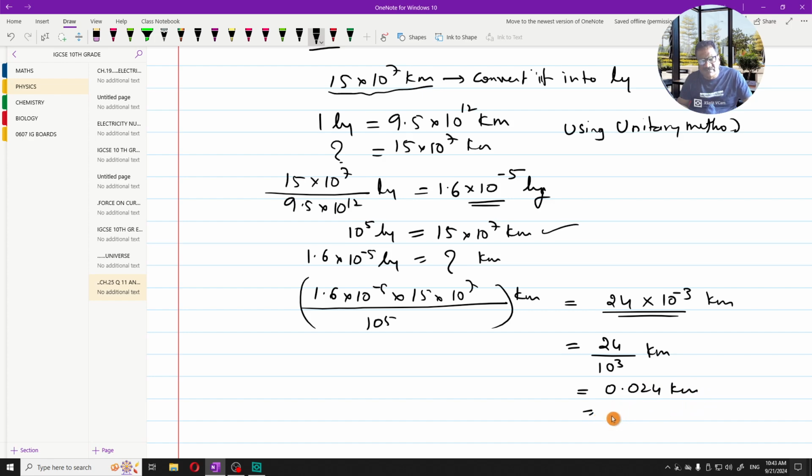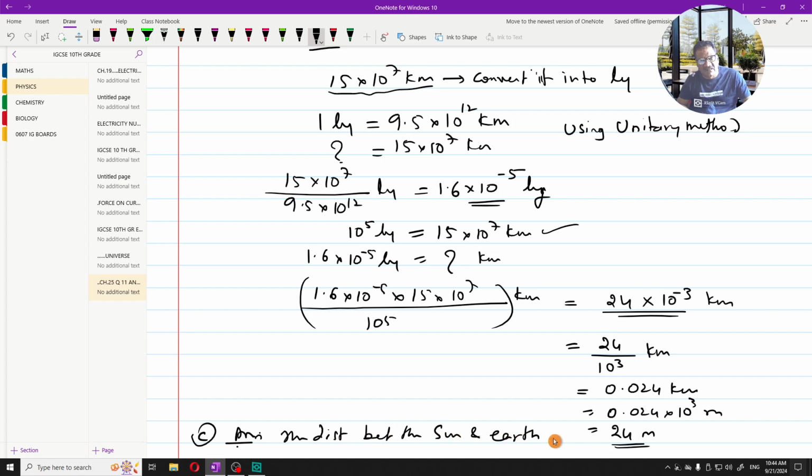So it will be 0.024 times 10 raised to 3 meters. Okay, this will work out to 24 meters. So this is your answer for C. So answer for C will be, the distance between the sun and the earth is equal to 24 meters according to that scale.